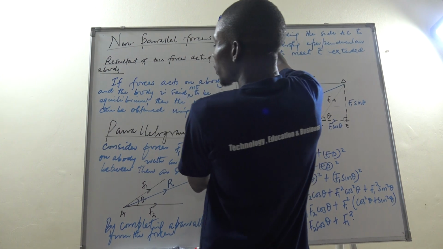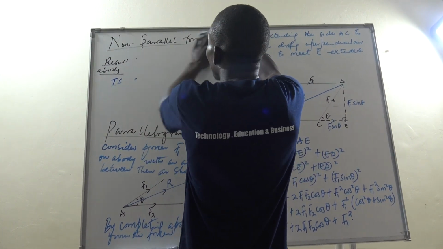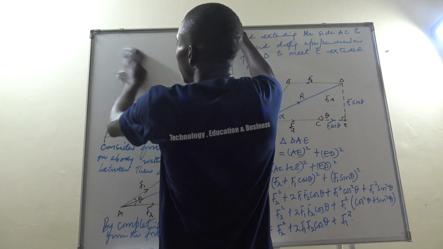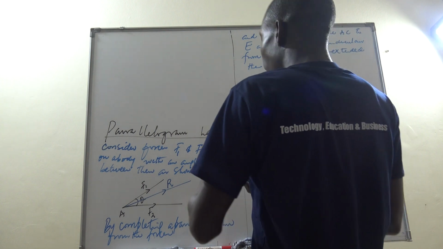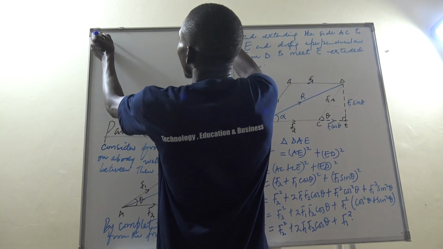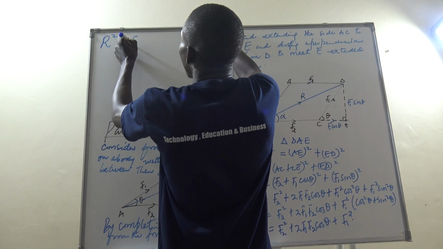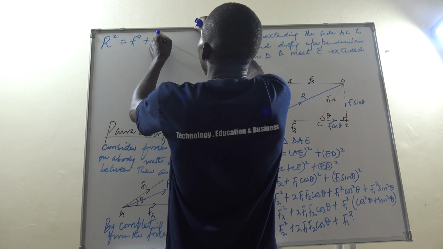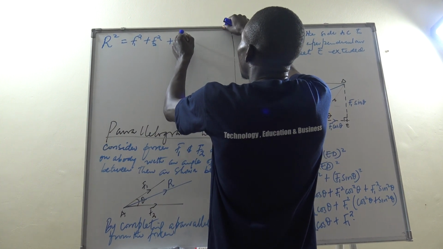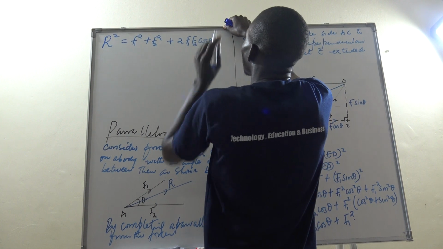So, if I proceed with my idea there, I'm going to drop to saying that my R squared, if I rearrange, is equal to F1 squared plus F2 squared plus 2F1F2 cos theta.